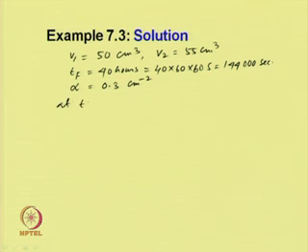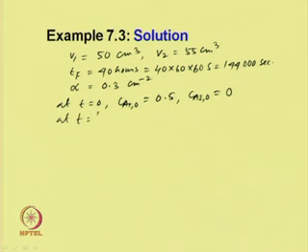At t is equal to 0, Ca1 naught is equal to 0.5 and Ca2 naught, because of pure water, is 0, concentration of acetone is 0. At t is equal to Tf, Ca1f is 0.4 dropped in compartment 1, and Ca2f we have to calculate from the material balance.